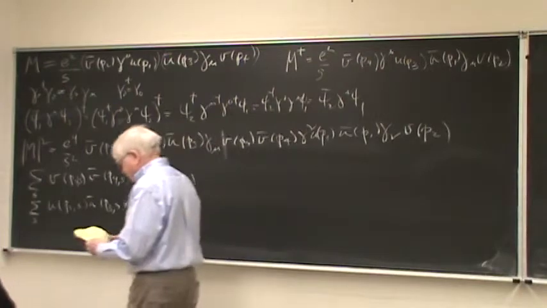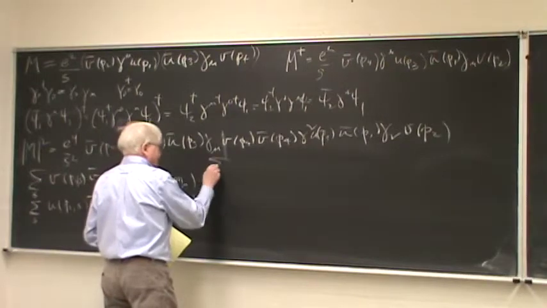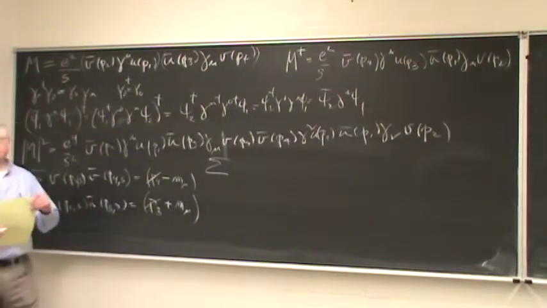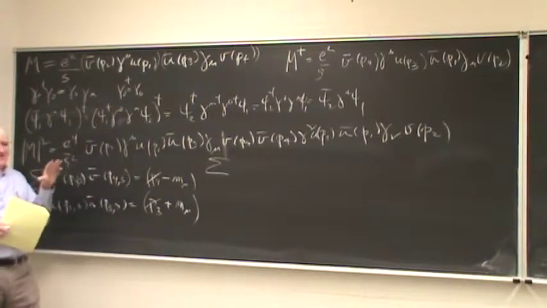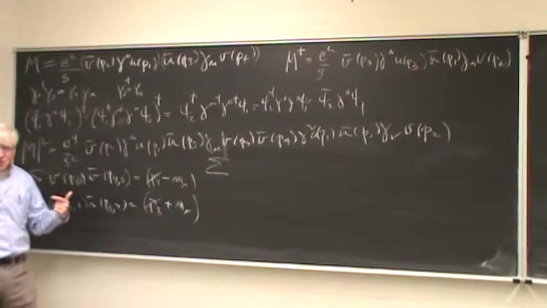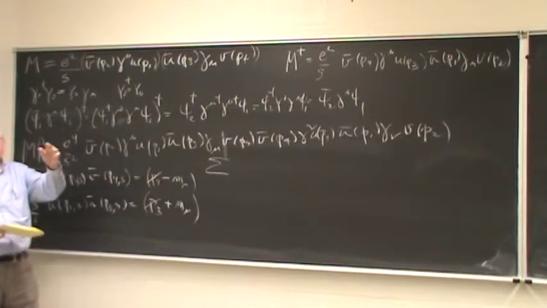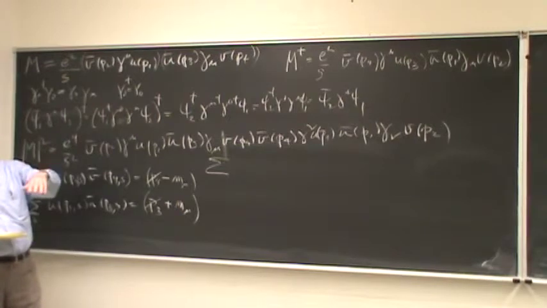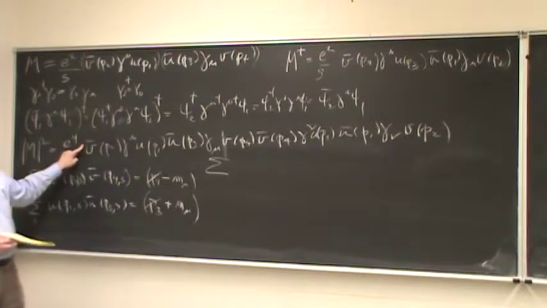Okay, so what do we do here? Well, what we do is we take a sum. In fact, let me just say two things. If we had an experiment in which we selected the spins of the incoming electron and the incoming positron, and we measured the spins of the outgoing electron, outgoing muon, and the outgoing anti-muon, then we would have this as our amplitude, and that would be it, and we'd have to compute what that is.